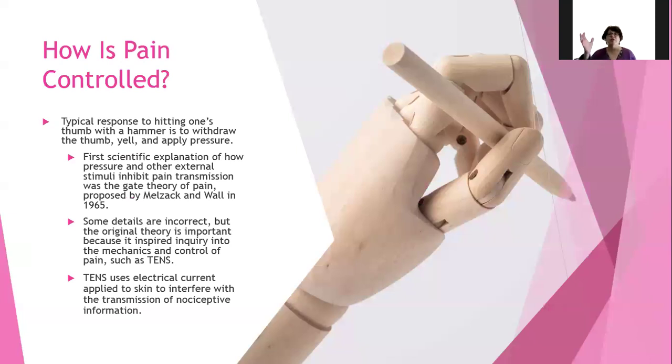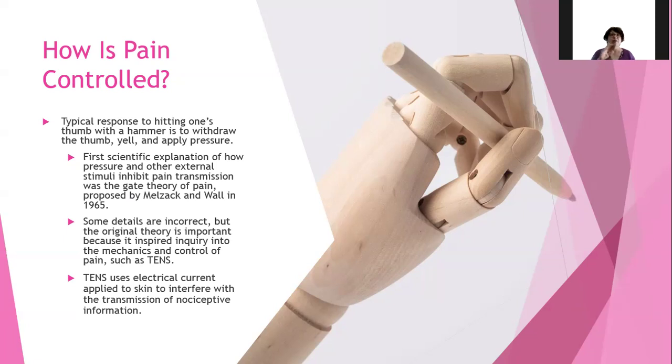So the typical response to some source of pain, so the example in the book is hitting your thumb with a hammer. So you withdraw the thumb, you yell, maybe you apply pressure. So the first scientific explanation of how pressure and other external stimuli inhibit pain transmission was the gate theory, which we've talked about. That was first theorized in 1965.